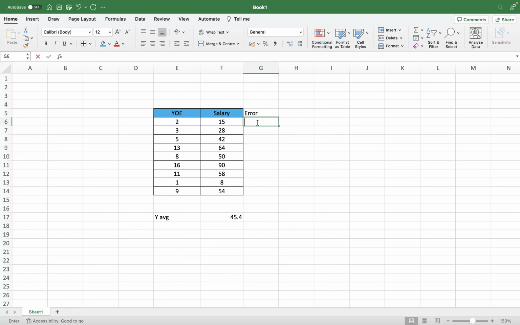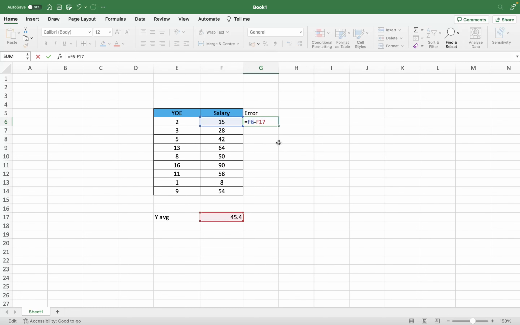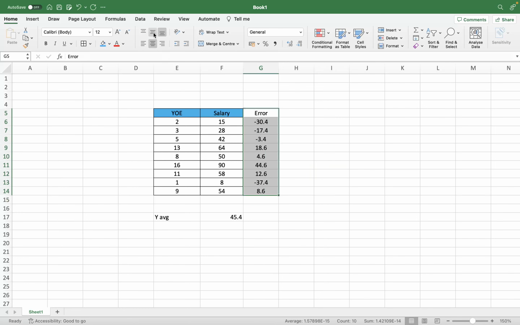So what should the error be? The error will be this one minus this one, right? So we got around minus 30.4 as the error. Getting my point, everyone? So this is the error with the y average.